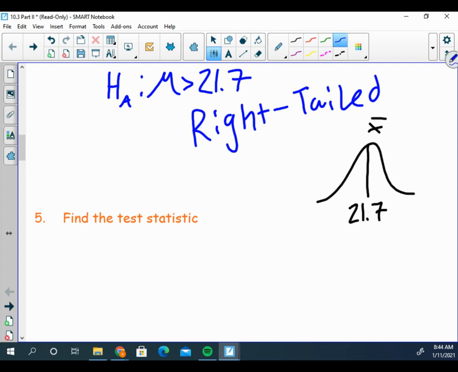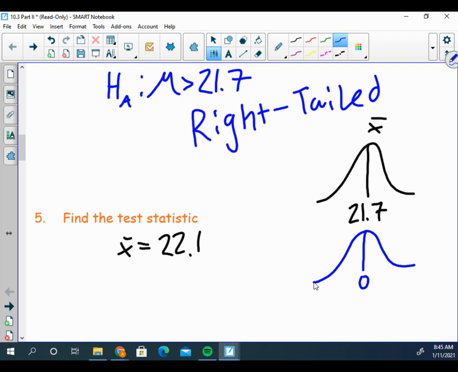What we are looking at now is we are going to jump straight to finding that test statistic. Okay? I know that, and if we look back, that sample mean was 22.1. So I know it's somewhere in the right half. But again, to find the specific value for it, I'm going to go to that standard normal curve.